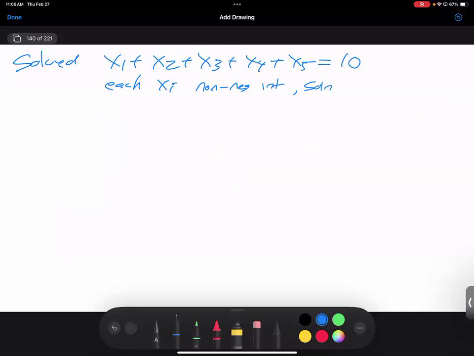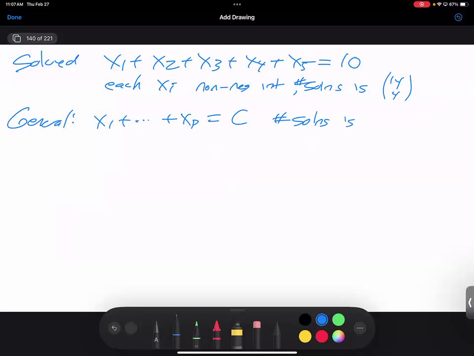The number of solutions is 14 choose 4. In general, we would be solving x1 up to xp equals c, and the number of solutions is c plus p minus 1, choose p minus 1.